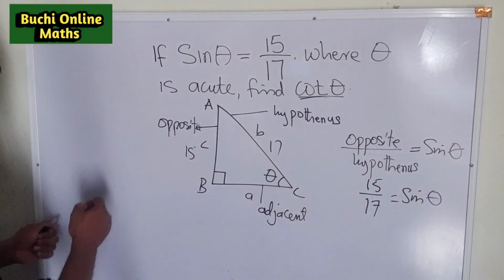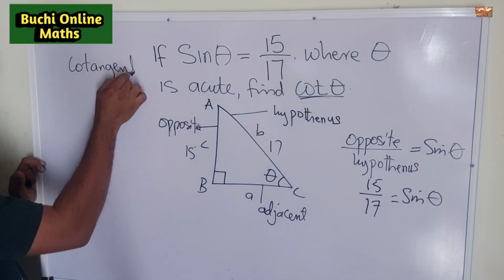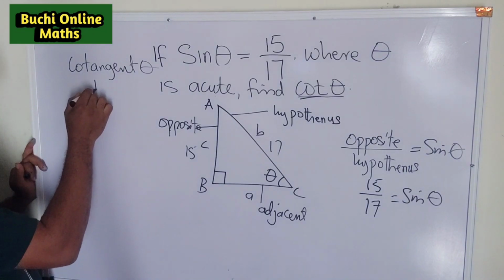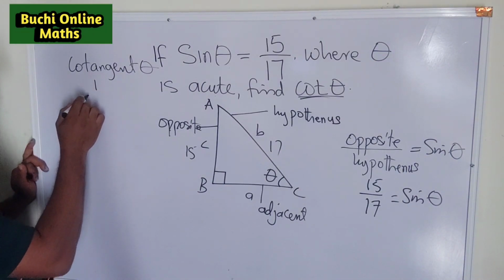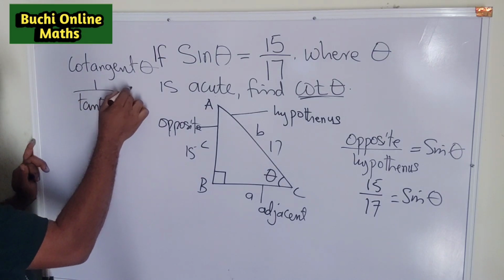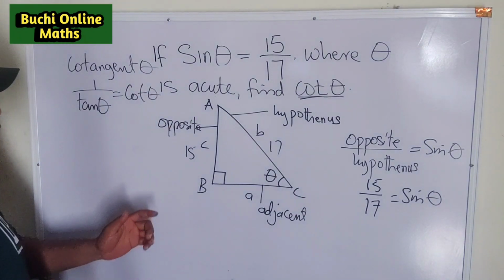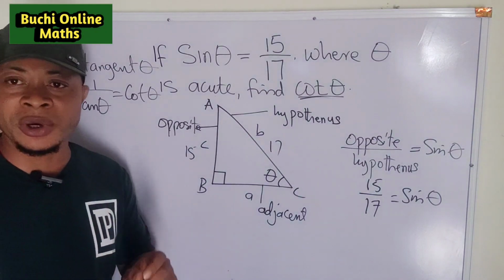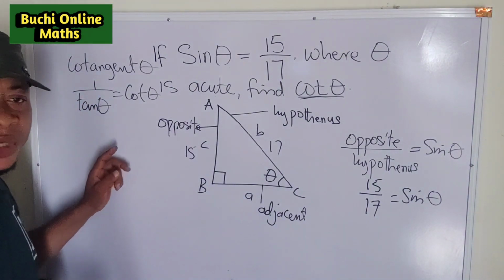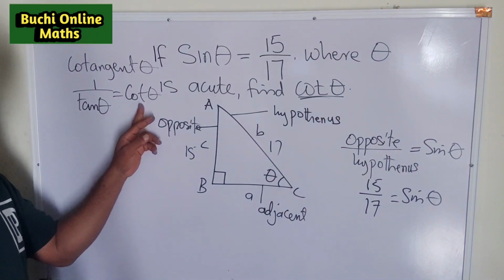Therefore, we can say 1 over tan theta is the same thing as cot theta.